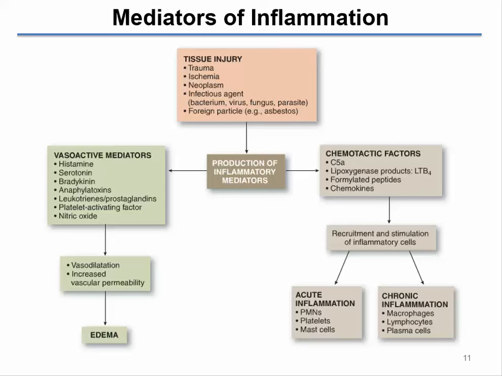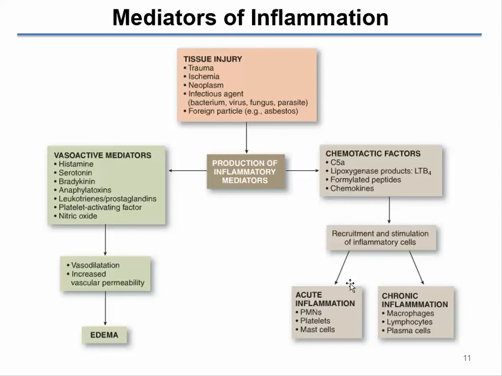So these chemotactic factors cause the recruitment and the activation of the cells. Now, for acute inflammation, the most common and the most important are the neutrophils, but platelets and mast cells are also involved. And the mast cells release some of the vasoactive mediators.